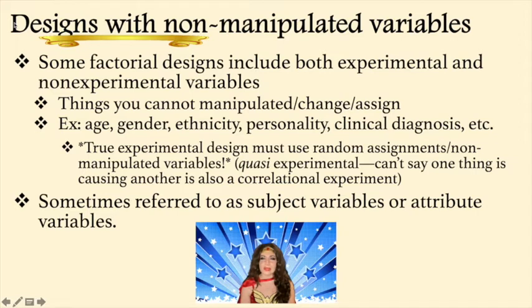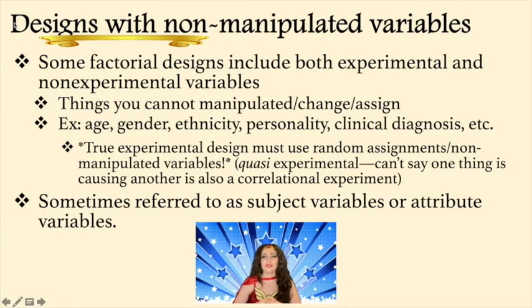And so basically what this tells us is that our design cannot be truly 100% experimental if we are using any type of non-manipulated variable as an independent variable for our study.